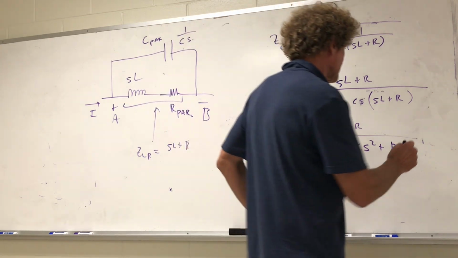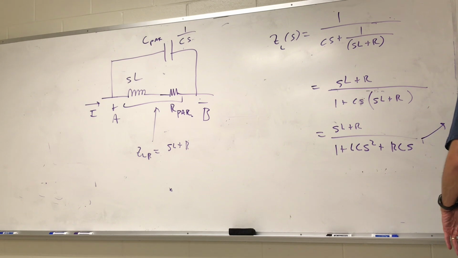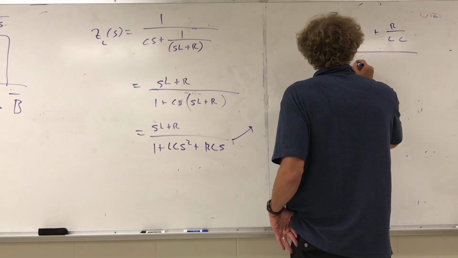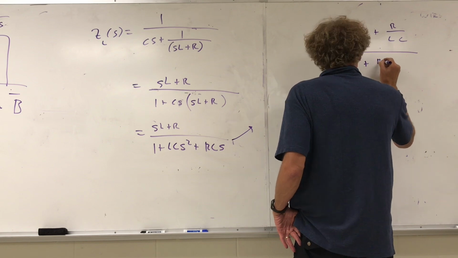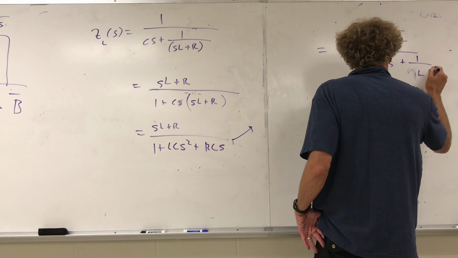So if I take this and I divide everything by LC, on top I get S over C plus R over LC, and then I get S squared plus R over L times S plus 1 over LC. I'm sorry about this.